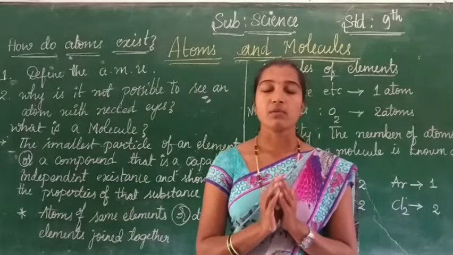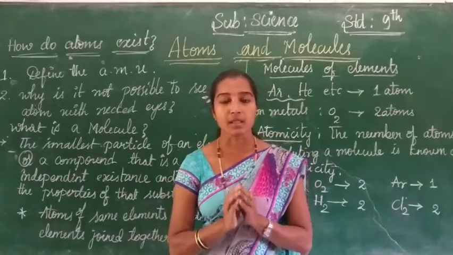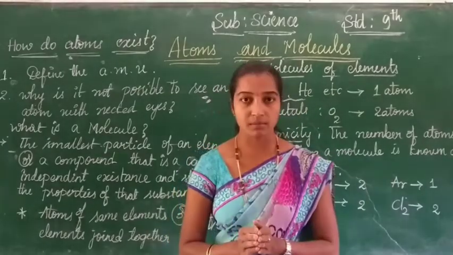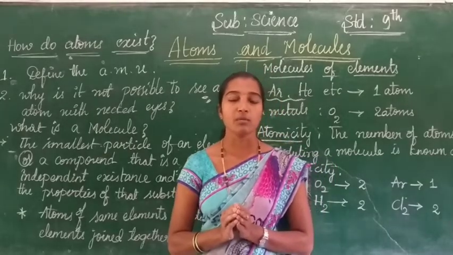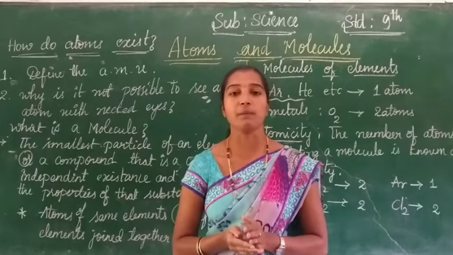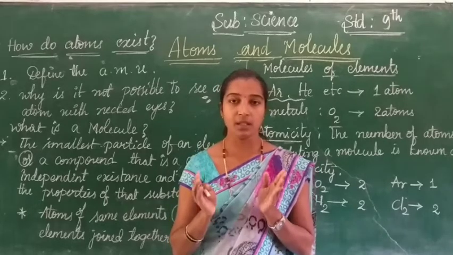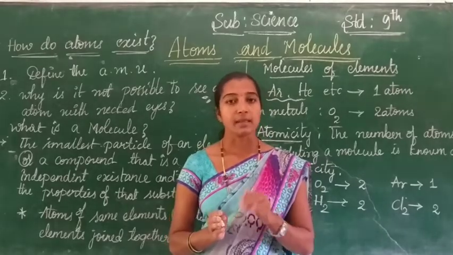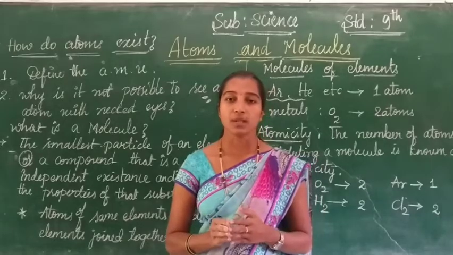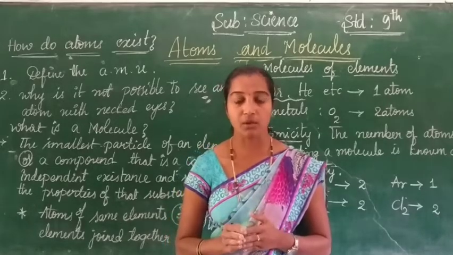A molecule formed by only one atom of an element is known as a monoatomic molecule. A molecule formed by two atoms of that element is known as a diatomic molecule.